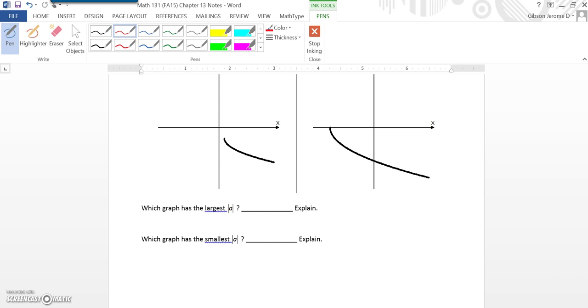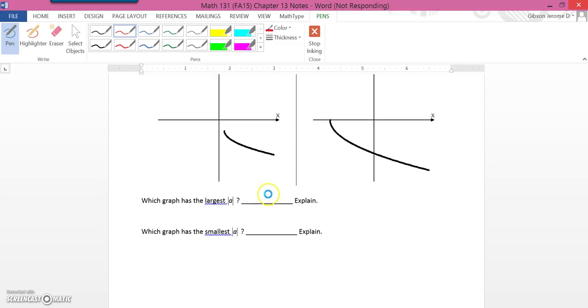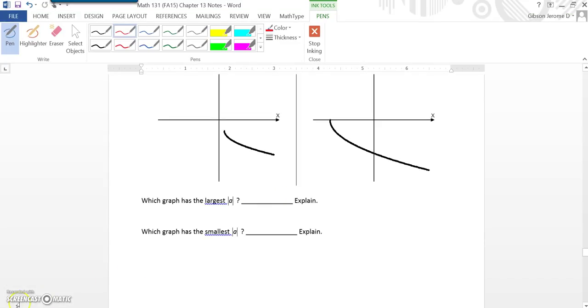Now, it says here we have a couple other things. It says which graph has the largest absolute value of a. So our first answer here would be A, because it's the steepest. Then it says which graph has the smallest absolute value of a. It would be B because it's the shallowest.